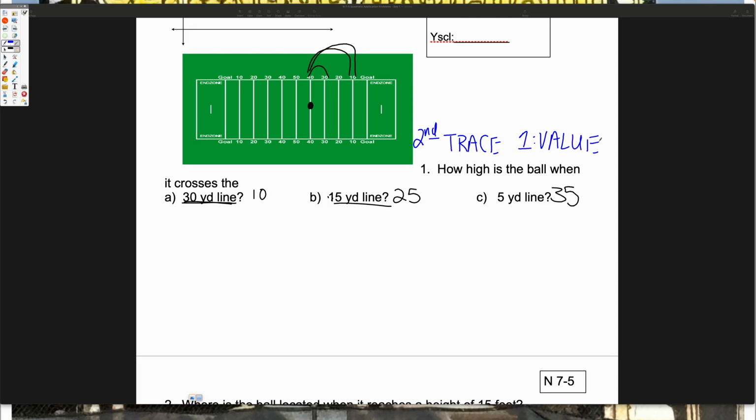When it gives you the x's and it's asking you for the y's, we're going to use second trace 1. So second trace on my calculator, 1.